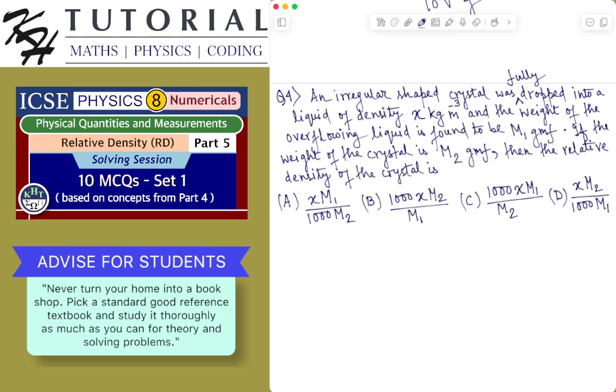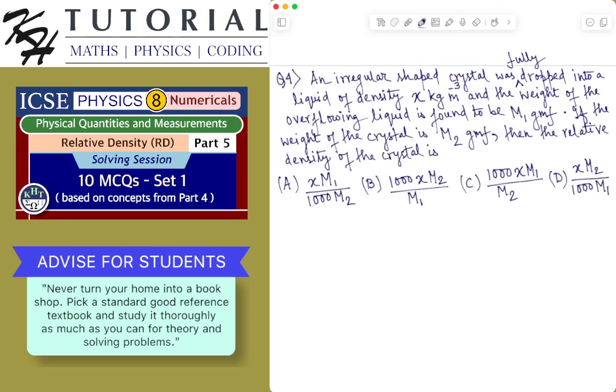So let's consider what is happening. An irregular shaped crystal was dropped into a liquid of density x kilogram per meter cube, and the weight of the overflowing liquid is found to be m1 gmf.